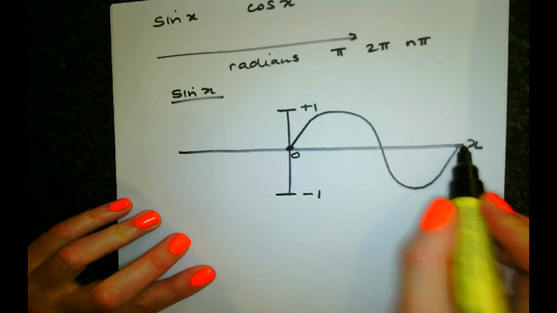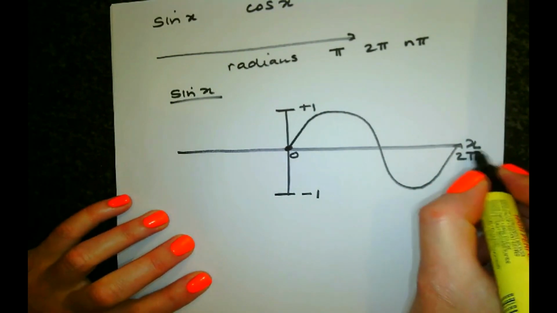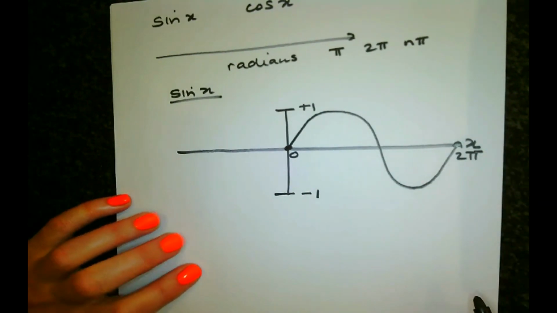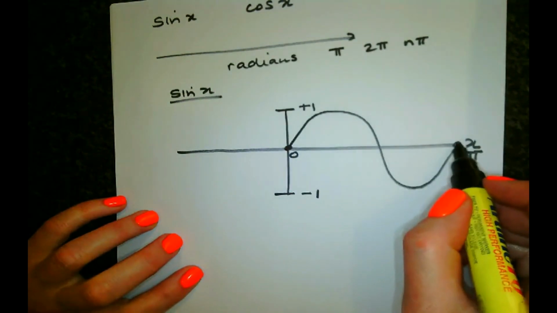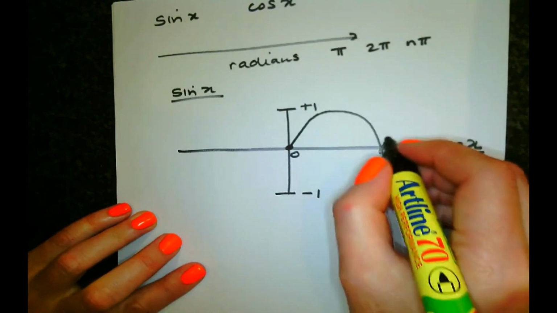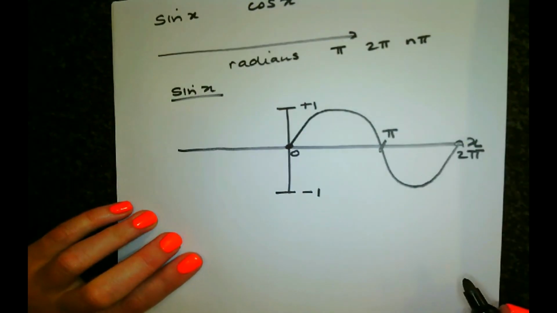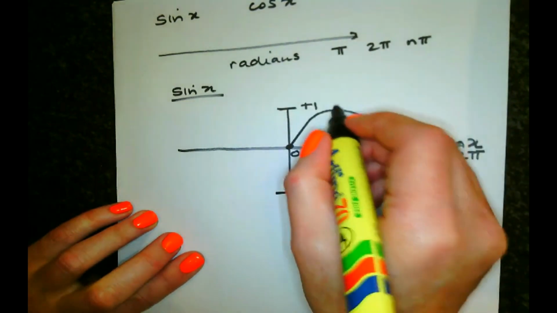And it then repeats with a period equal to 2 pi. So at 2 pi, it is again 0, and it has a full cycle. At pi radians, sorry, the sine function is also 0.